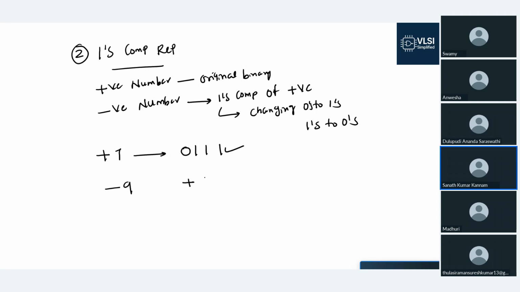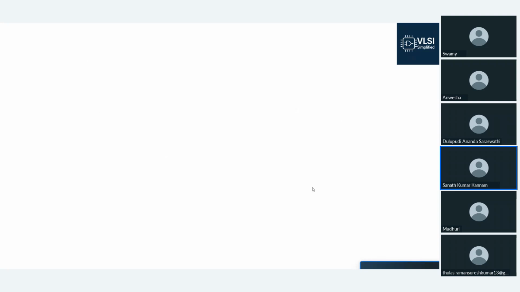For plus 9 you know the value is 1001, which is 4 bits, and you add one more 0. For minus 9, just simply change 1's to 0's and 0's to 1's. So what you get is 1 0 1 1 0 1 1 0. That means negative numbers are represented in 1's complement form. So this is 1's complement representation.